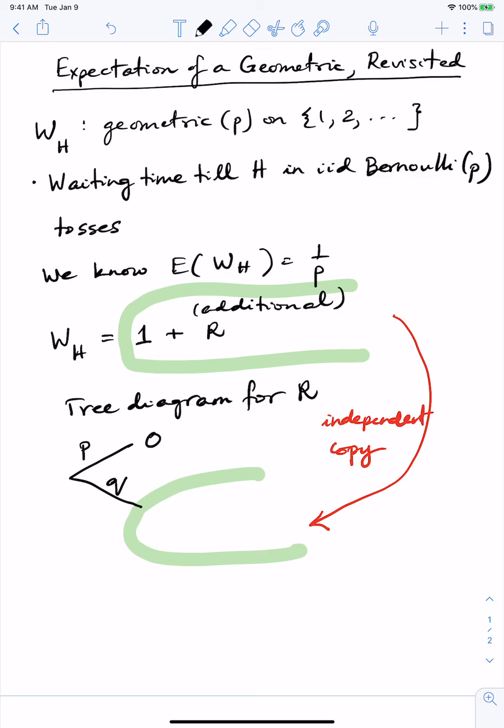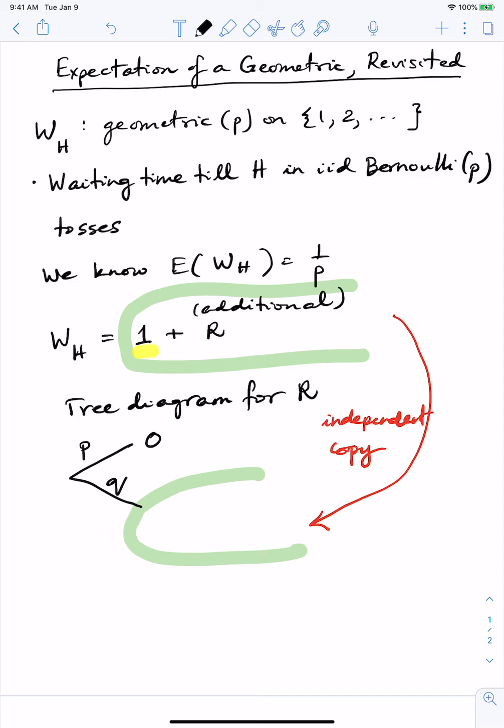This lower branch is the case where you got a tail the first time. Now, where is that first time? That first time's already here. That gave you a tail. So now after that, you're going to need at least one more toss to get your head. And so you're going to have a 1 plus an additional, which is not numerically the same additional amount, but it has the same distribution as the additional amount that you had to start with.